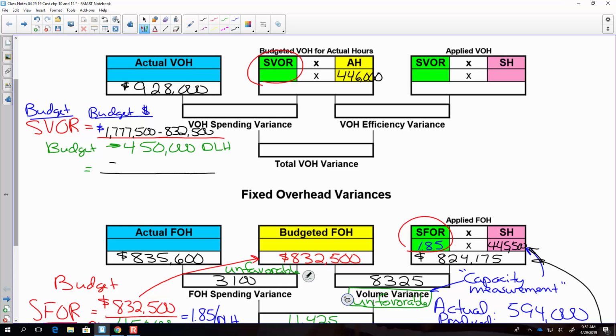So the top number then is, what did you say, 945? Divided by the 450, which is $2.10 per direct labor hour. These standard overhead rates are based on direct labor hours. 2.10 in this case.